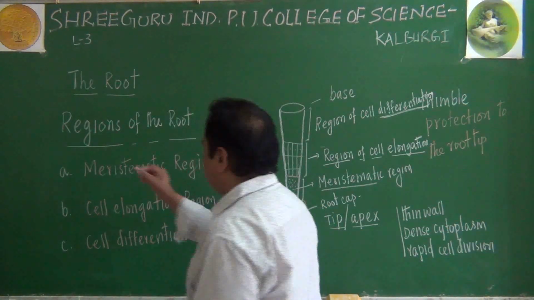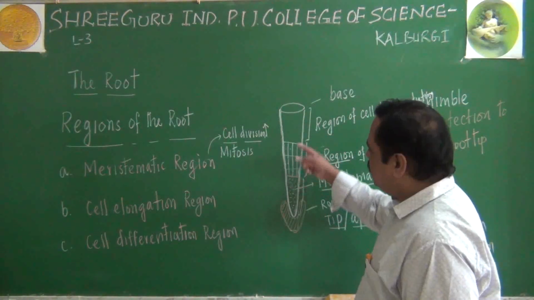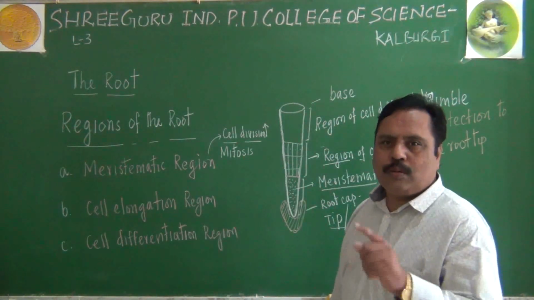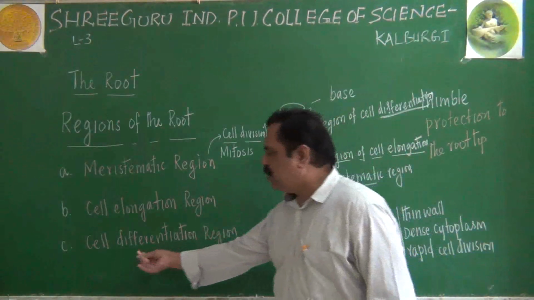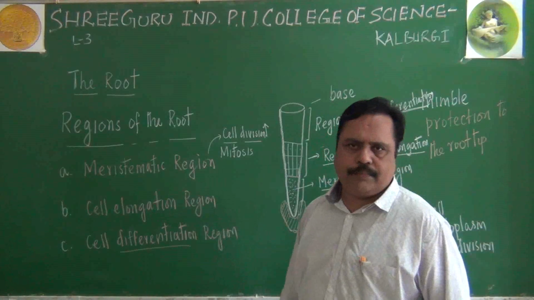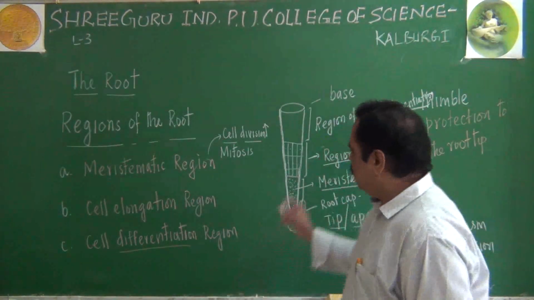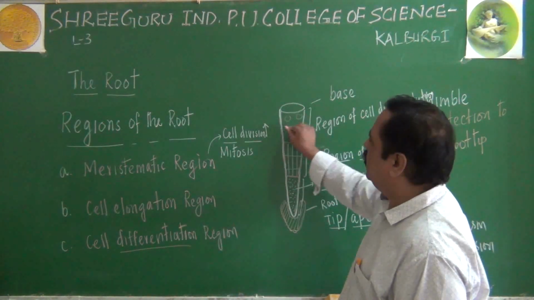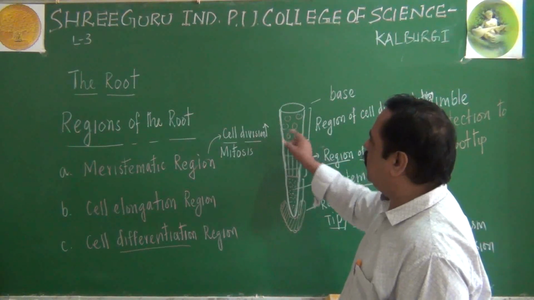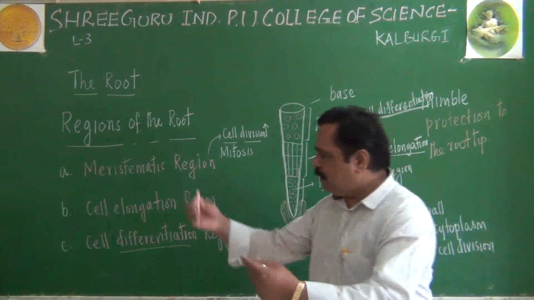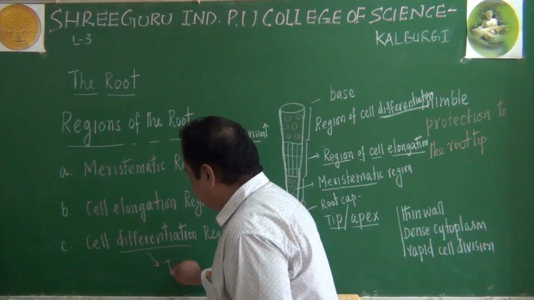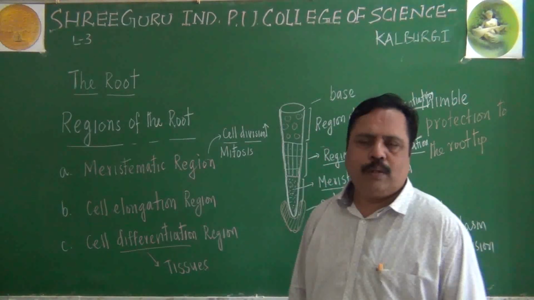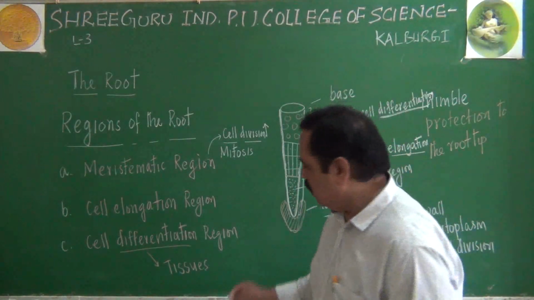When cells are elongated, they undergo further modification called differentiation. Because of that, the elongated meristematic cells will be differentiated into various tissues of the plant body in this area. Remember this point: they will become the tissues of the plant body. What is meant by tissue? Parenchyma, you may be knowing.